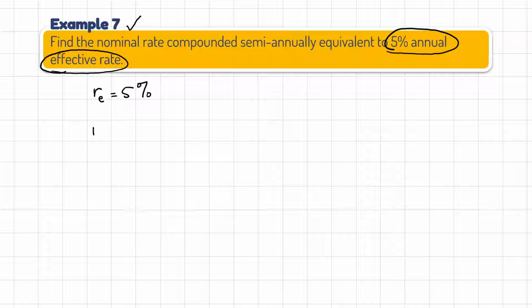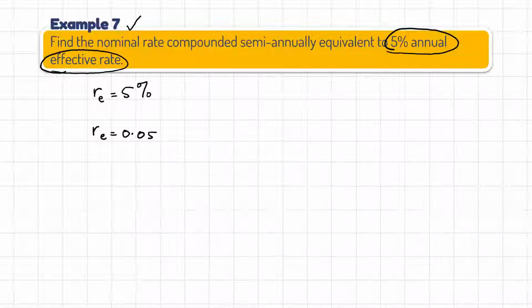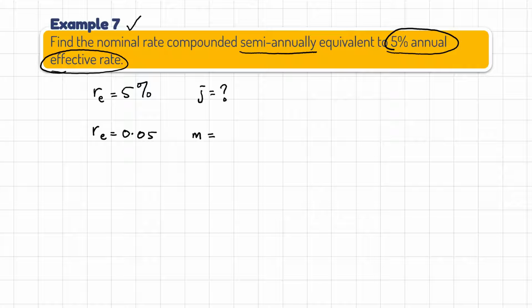In other words, RE equals 0.05. And then the question asks you to find the nominal rate, which means that we need to find the value of J. But they also give you compounded semi-annually, which portrays the value of M equals 2.